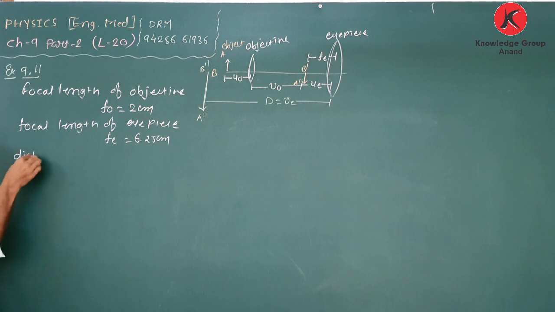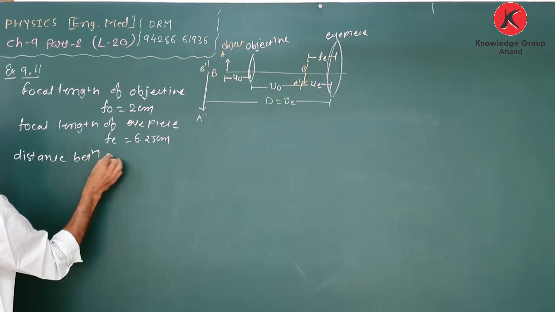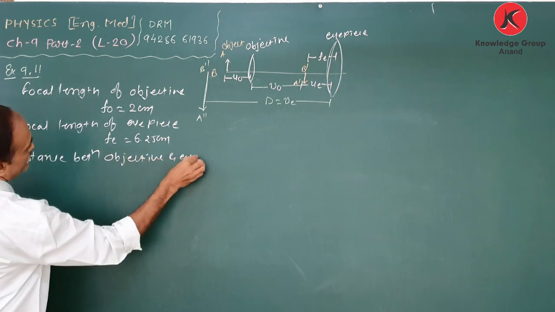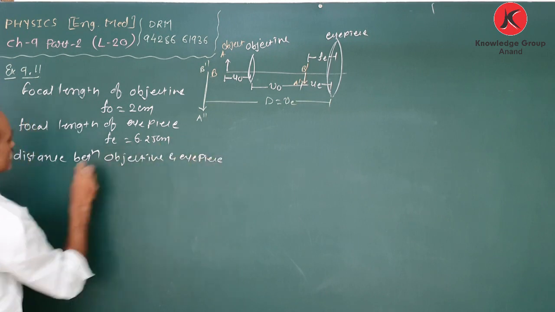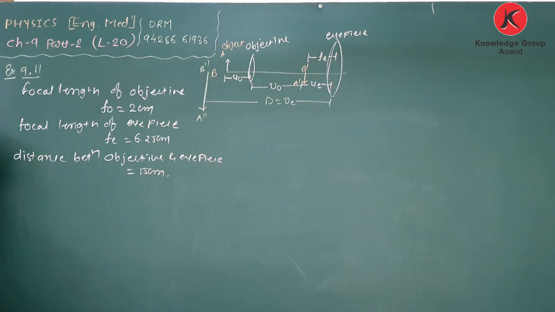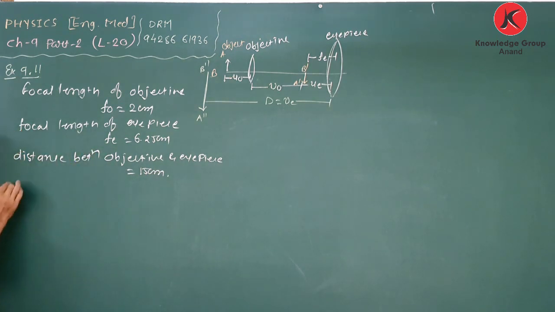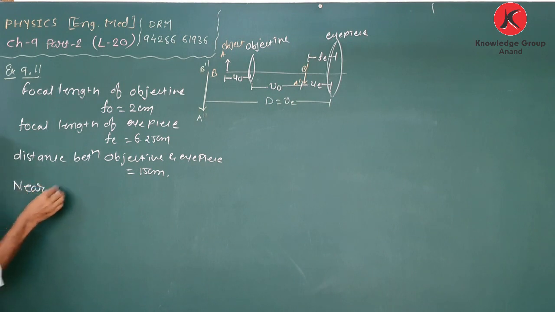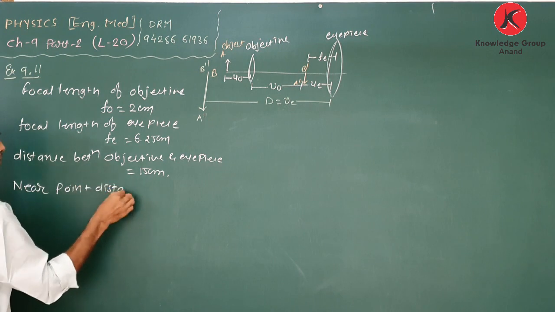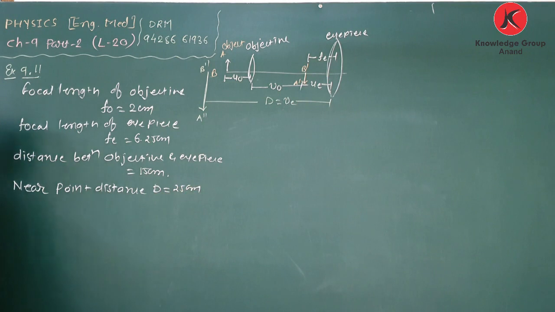The distance between the two lenses, the objective and eyepiece, is equal to 15 centimeter. And the near point distance, capital D, is equal to 25 centimeter.